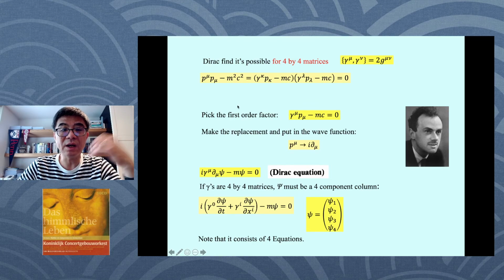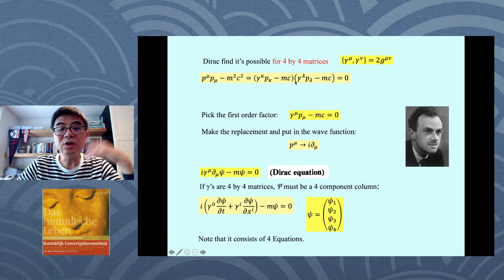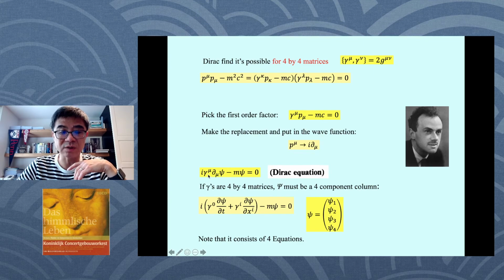And with that in mind, the only way to accomplish it is to factorize this energy momentum relation into two factors. And the genius idea here, the breakthrough, is he realized that the factorization does not need to be numerical. It could be in terms of matrices. And that makes the Dirac equation actually a matrix equation.